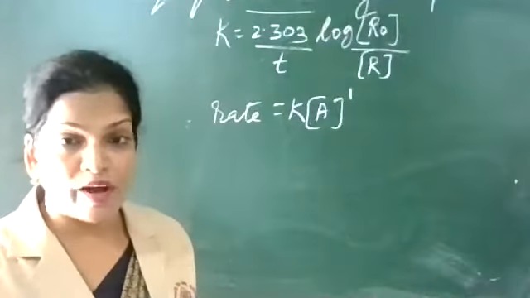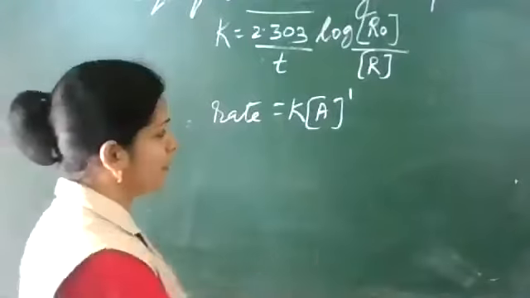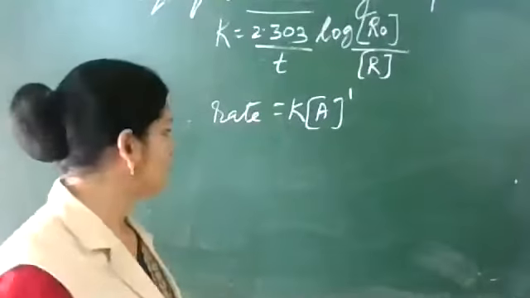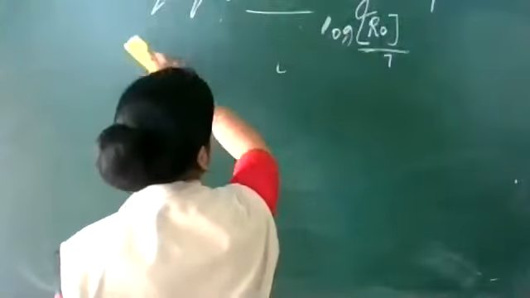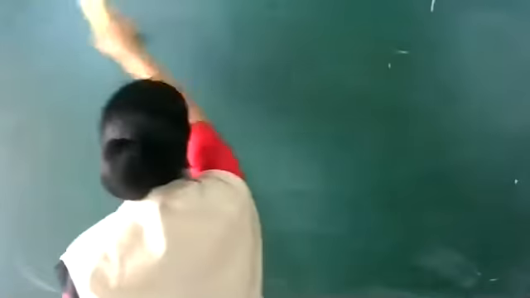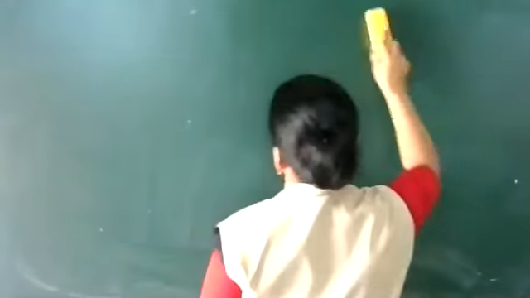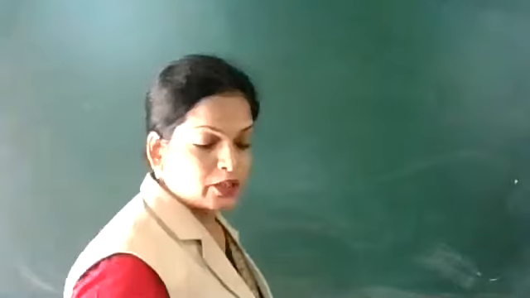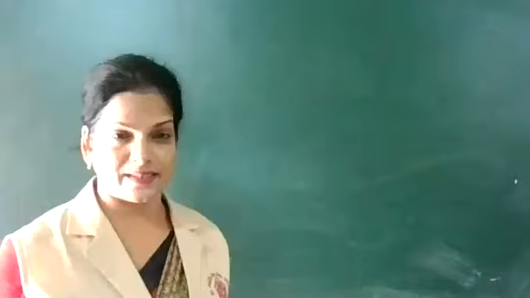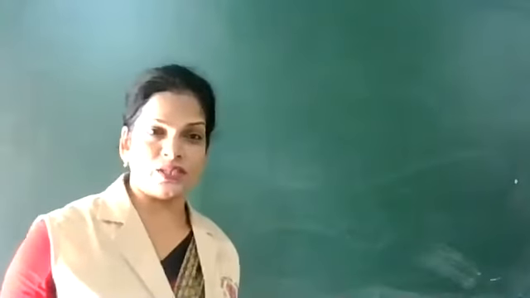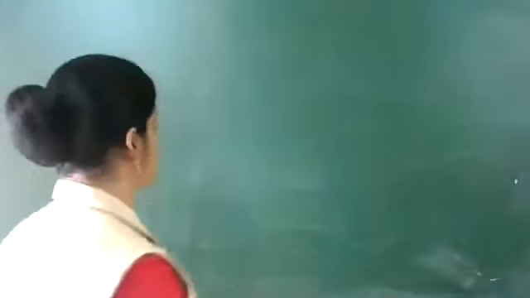Overall order should be 1, so minimum A to the power 1. So we are going to see the K of this equation for first order gaseous phase. Reactants are gases, products are also gases. In such condition, we are going for first order.